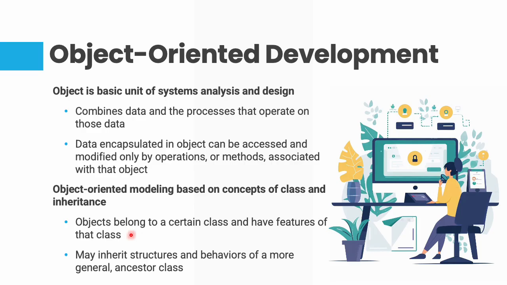Then we can have a more specific class like exchange students that inherit all the features from the student class, but can also have its own special data and methods. This is called inheritance. And it saves a lot of time because we don't have to rewrite everything from scratch.